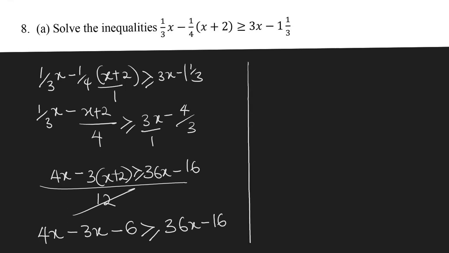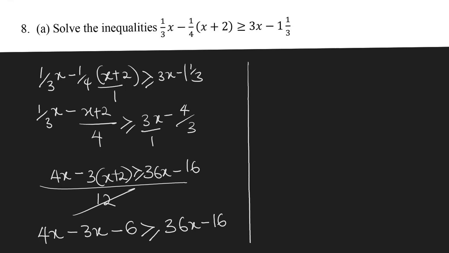So collecting like terms now, all the numbers will move to one side and those with x to another side. We're going to move all the x to our right hand side and all the numbers to our left hand side. Before doing that, 4x minus 3x is going to give us x, just like 5 cows minus 4 cows. Instead of saying 1 cow, we'll say a cow.